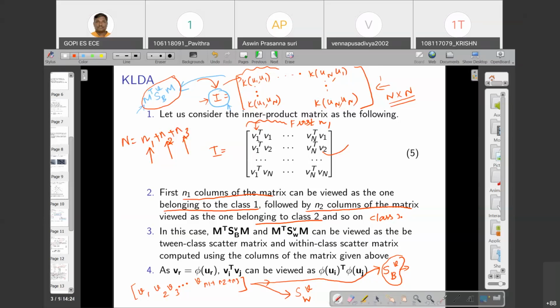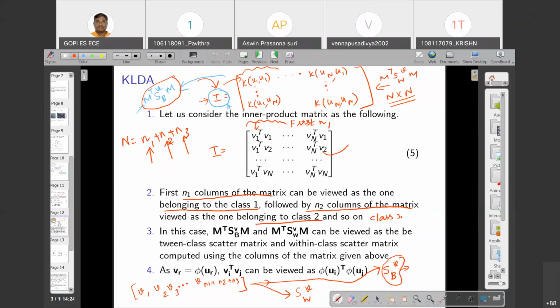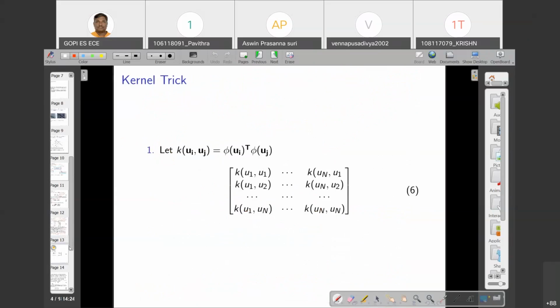Similarly, M transpose SWVM is the within class scatter matrix computed using this matrix I. Once that is known, we know the relationship, which is obvious, just like what we used in PCA. As I told you, this is the matrix I written using the kernel function.